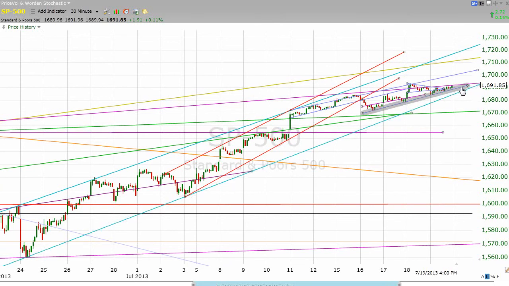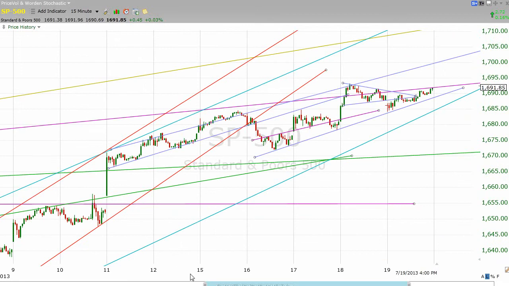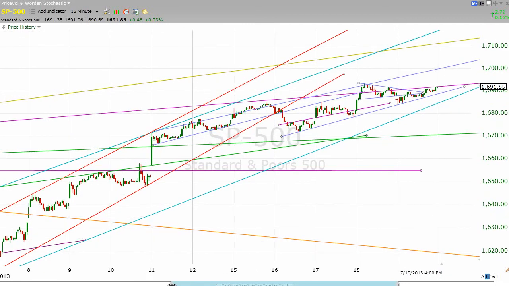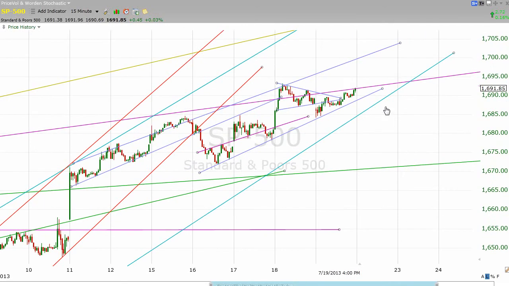So if we go sideways for a little bit more, we will hit this line at some point in the coming week, if not possibly even on Monday. So this definitely, I think, bears watching.